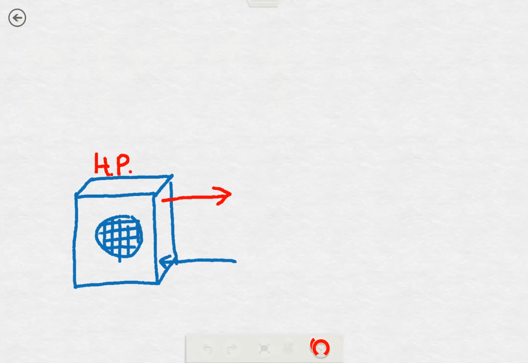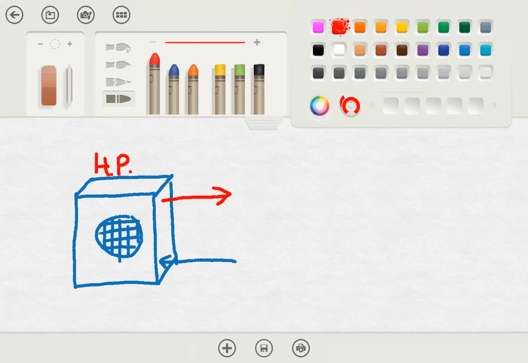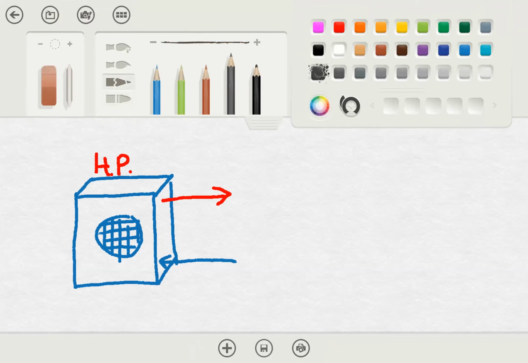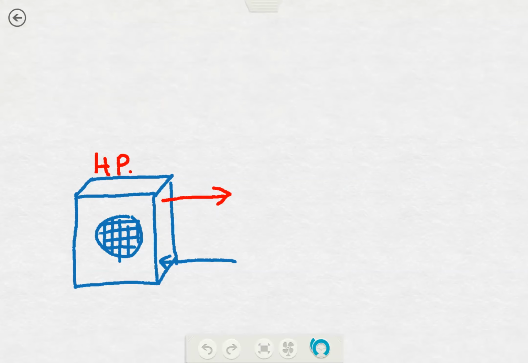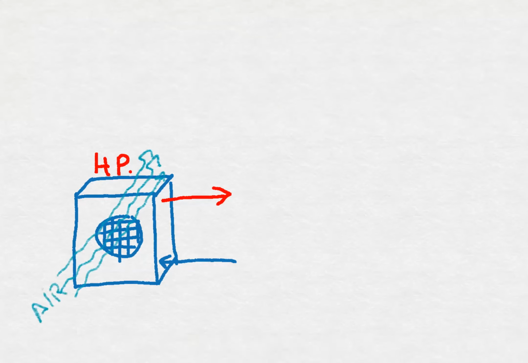Okay, this is an air-to-water heat pump. So remember that if we are using air, that air means that the heat pump is outdoors and it's in contact with air here. Okay.